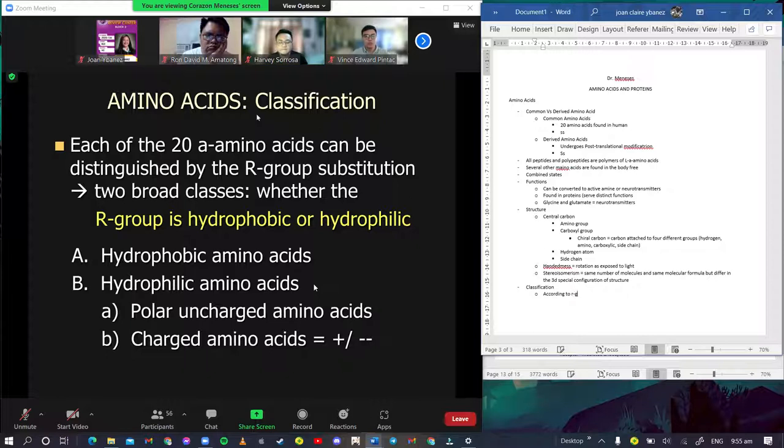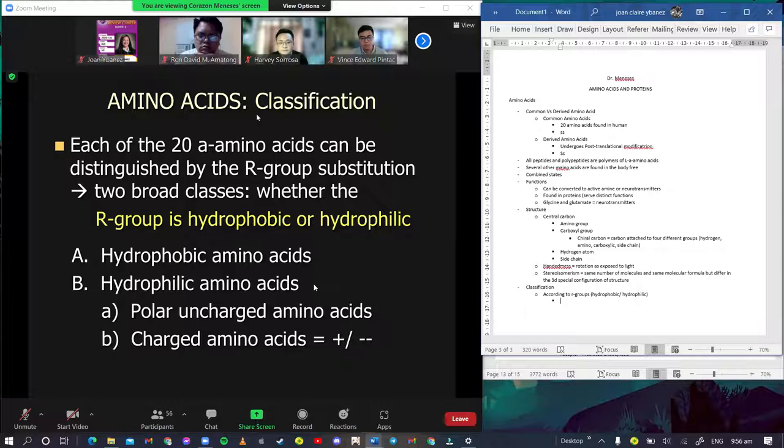What about the R groups? There are R groups that would identify as hydrophobic and others would identify as hydrophilic, meaning some are polar uncharged amino acids and others are charged amino acids, Doc. Okay, meaning to say all amino acids have an alpha amino group and an alpha carboxylate group, right? Then they differ in the R group, and precisely they can be differentiated by the R groups.